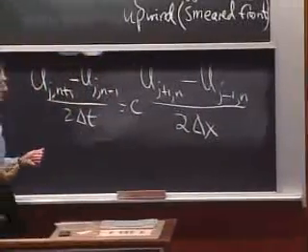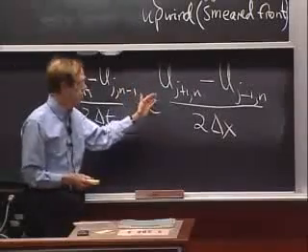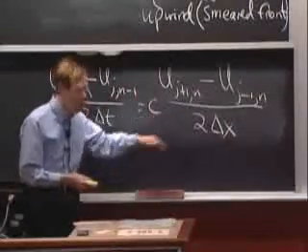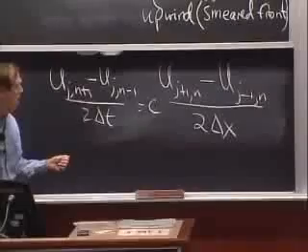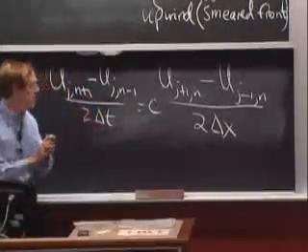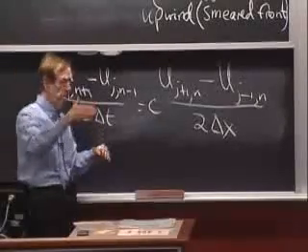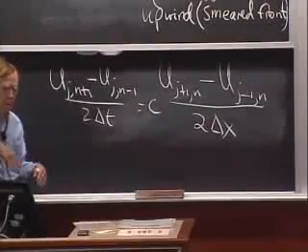So you see right away, the 2's cancel. The c delta t over delta x is our old ratio r. So this is easily written in terms of r again. It does have this 2 time step issue.